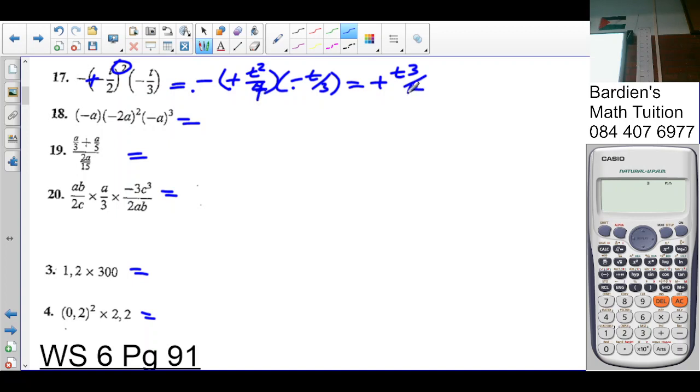Okay. Number 18: 4a6. Number 19: 4. Number 20: negative ac squared over 4. Number 3: 360. Number 4: 0,088.